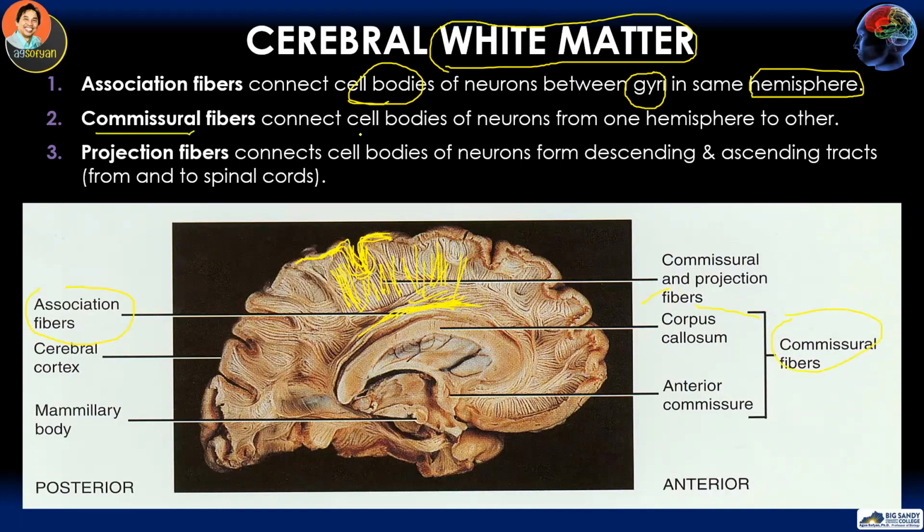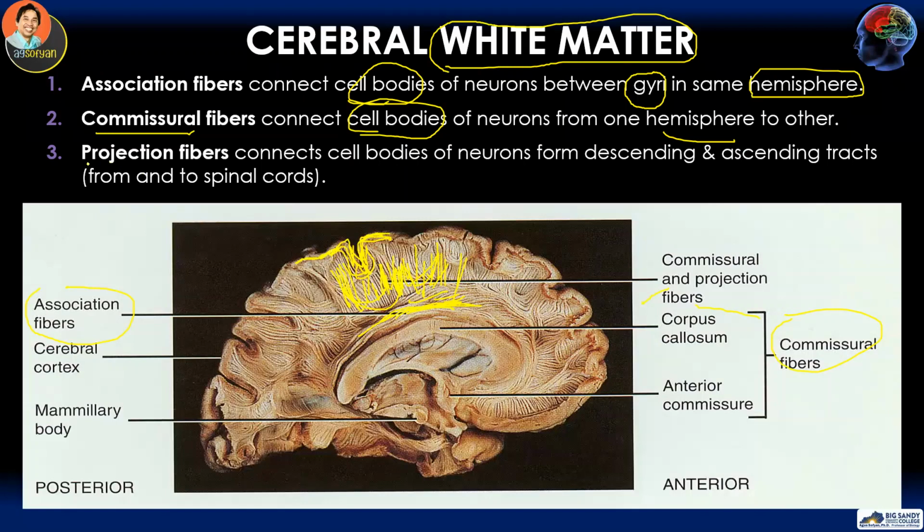It connects neurons from one hemisphere to the other hemisphere, left and right, just like a bridge between the left and right hemispheres of the brain.